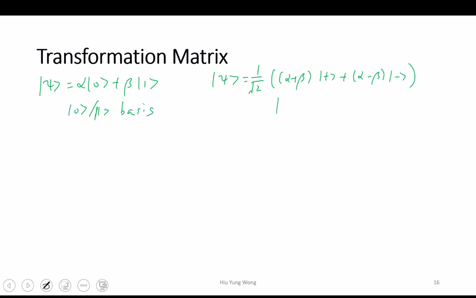This is in the plus minus basis. Again, this is just like a change of basis, but it's 2D. It is troublesome if we try to derive it the way we did, but we can actually construct a transformation matrix in this way.